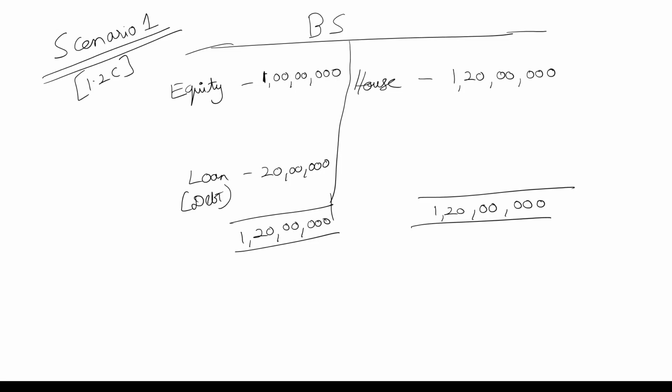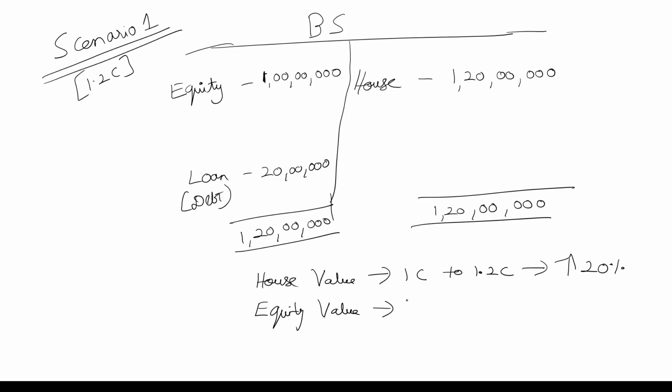Fine. Let's analyze what has happened. House value has increased from 1 crore to 1.2 crores, a 20% increase. Let's again understand the impact on equity value. It has gone up from 80 lakhs to 1 crore. This is a 25% increase.